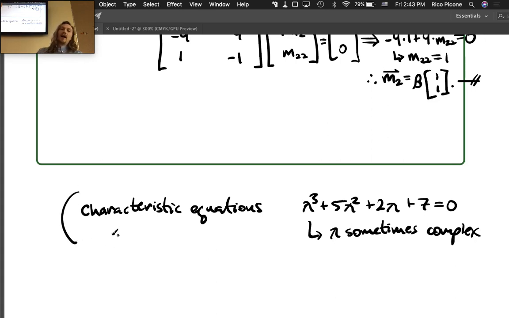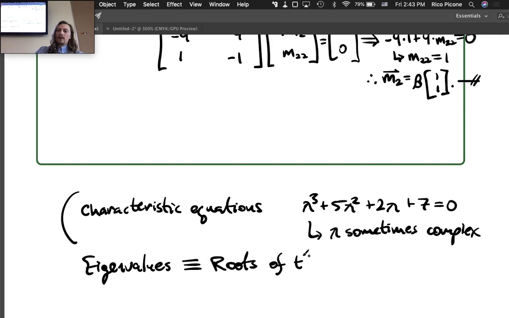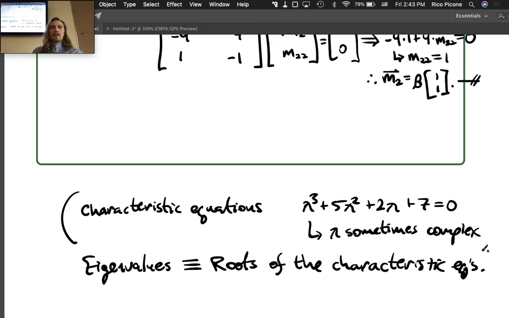Now, in the last lecture, we identified that eigenvalues are equivalent to roots of the characteristic equation. That was the green box that we had. So everything that we knew about roots of characteristic equations, we can map onto our understanding of eigenvalues now.